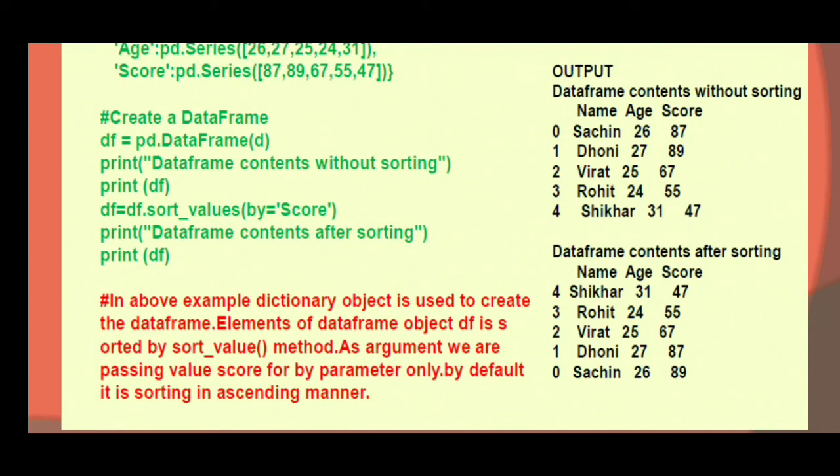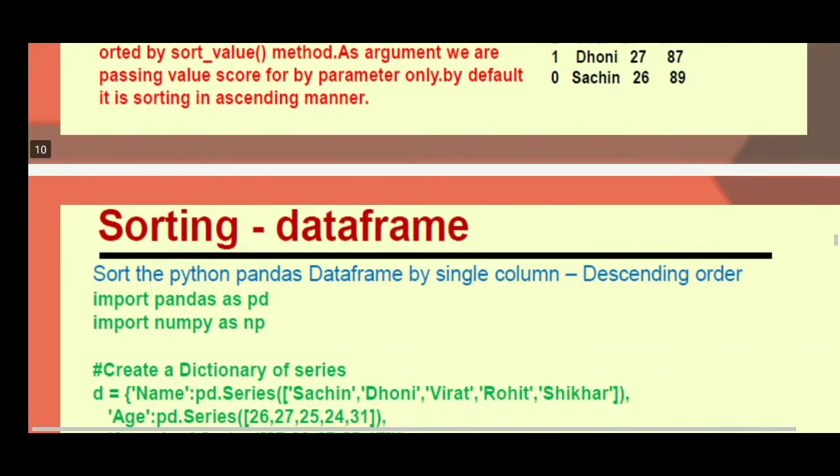First comes score 47 and last comes 89. So in the above example, a dictionary object is used to create the data frame, and the elements of data frame object df are sorted by the sort_values method. As argument, we are passing score for the by parameter only. By default, it sorts in ascending manner.